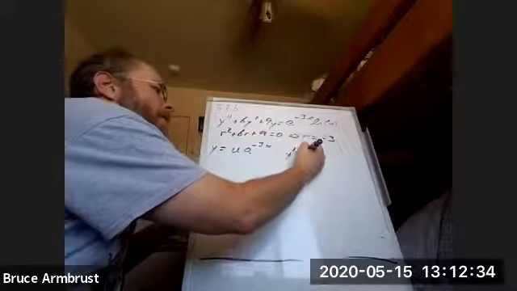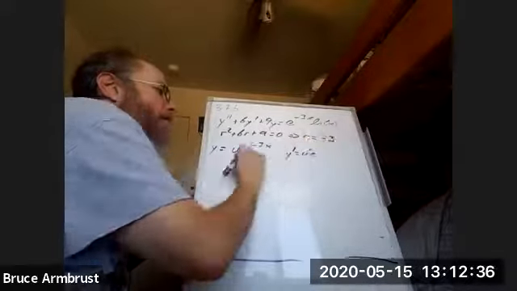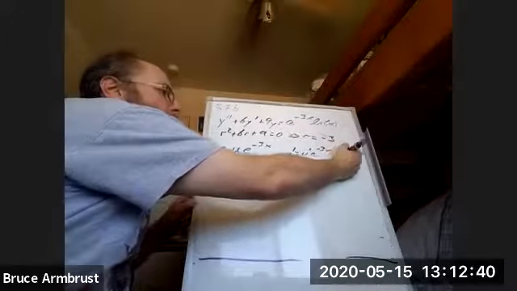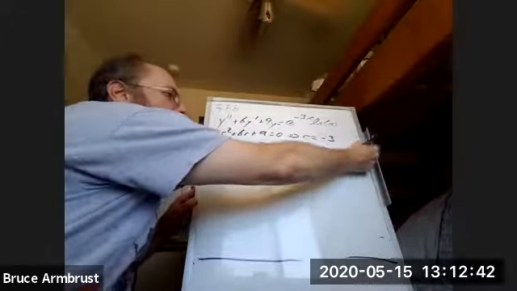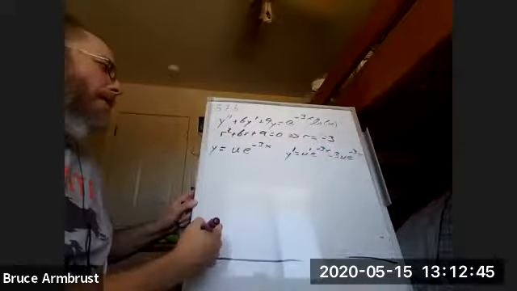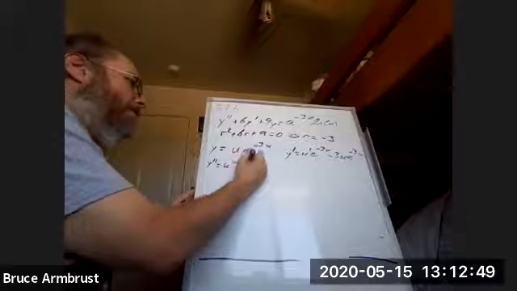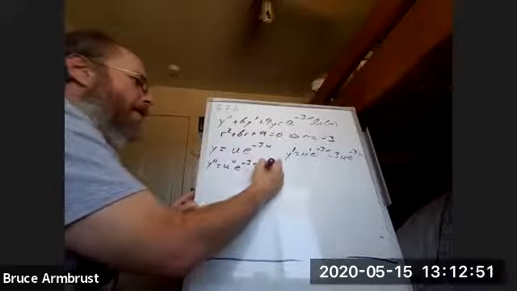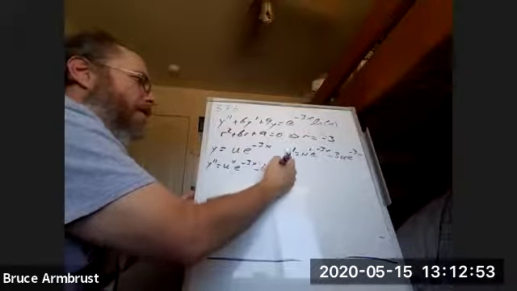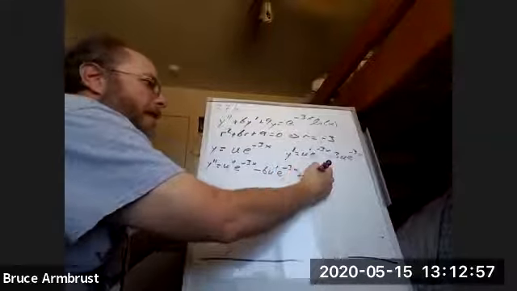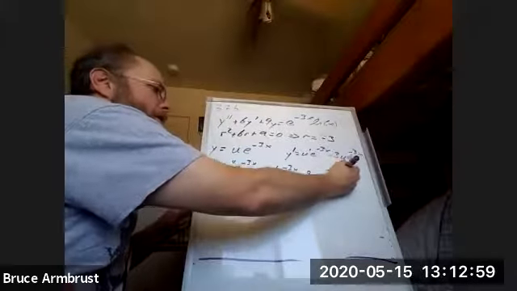So y prime is going to be u prime e to the minus 3x minus 3u e to the minus 3x. And then y double prime is going to be u double prime e to the minus 3x minus 6u prime e to the minus 3x plus 9u e to the minus 3x.